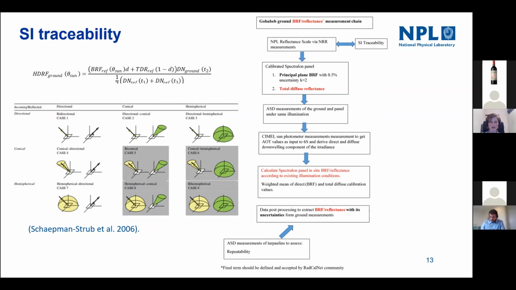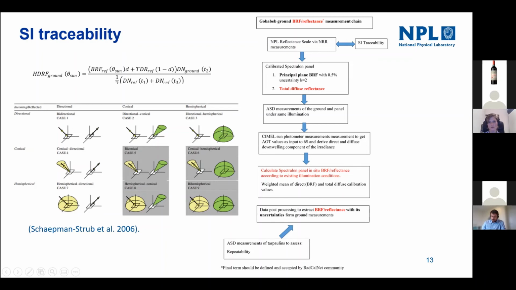So that's why what we propose, for example, at MPL, for any measurements that are traceable to reflectance via spectral calibration, is to really make sure that we don't use only the typical calibration value, which is very much defined as directional illumination and hemispherical viewing, which is the most common one we can get from LabSphere when we buy a Spectralon.